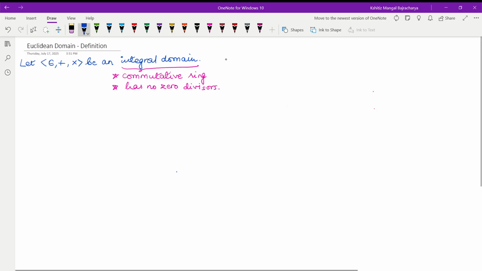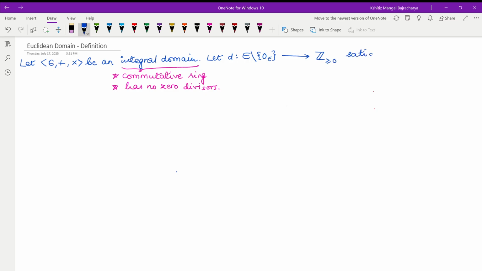Now, together with this integral domain, we'll also need a function d from the set of non-zero elements of E to the set of non-negative integers, satisfying the following properties.